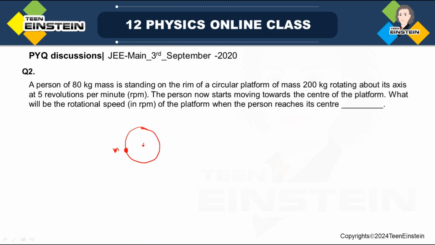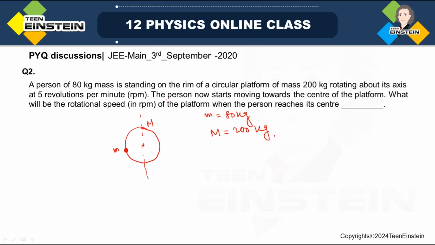And this is the circular disc. It has a bigger mass, capital M. So small m is given as 80 kg, and capital M is given as 200 kg.